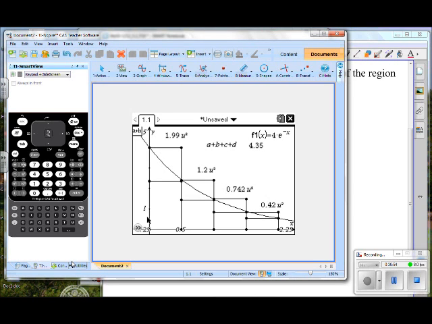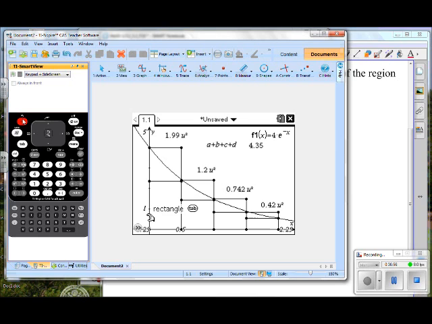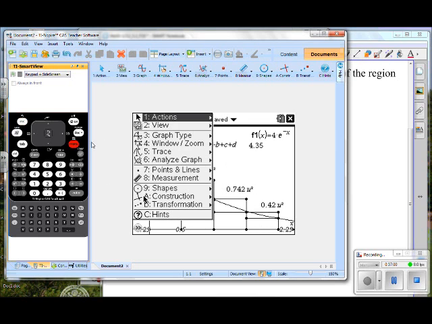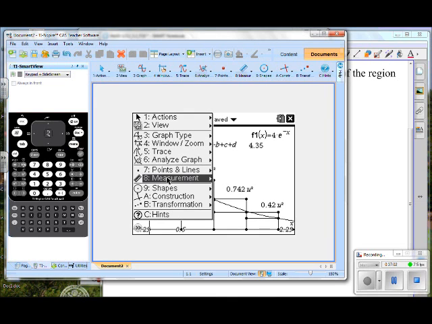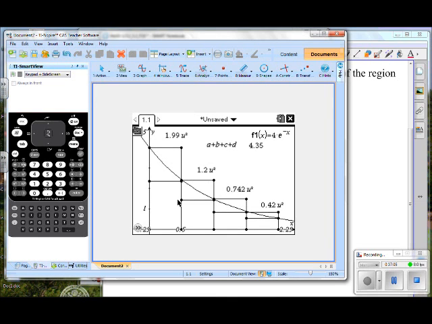Now, the other rectangles, of course, are the lower ones here. So I would need to go back and do a measurement of area on those and place those areas accordingly so I can keep track of what they are.